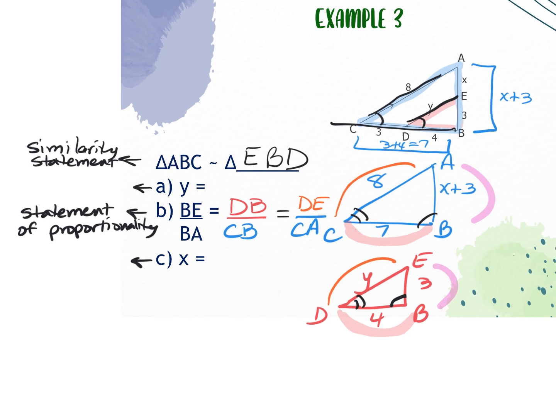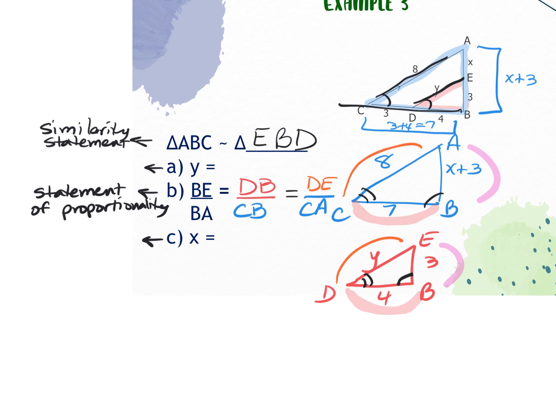Now what we're going to do to find the values of X and Y, I'm going to use the two sides that have numbers. So if you notice this red here, the 4 and the 7, these are the two corresponding sides that have the numbers that could give me what I need to put in my proportion. So I'm going to use 4 over 7, and then I'm going to find out where X is located.